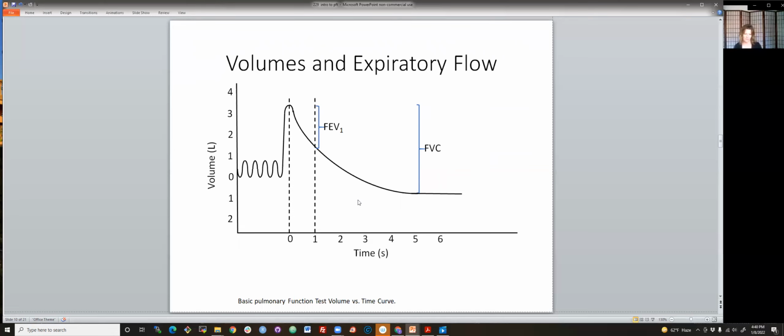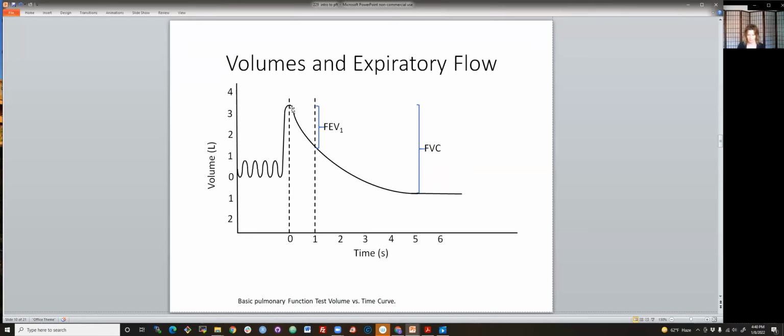All right, so what do we do with this? Well, we like to figure out this FEV1, this forced expiratory volume in 1 second. So what we want to do is find our time at 0.0 during that peak of inspiration, and we like to put a point there so we recognize where that is.